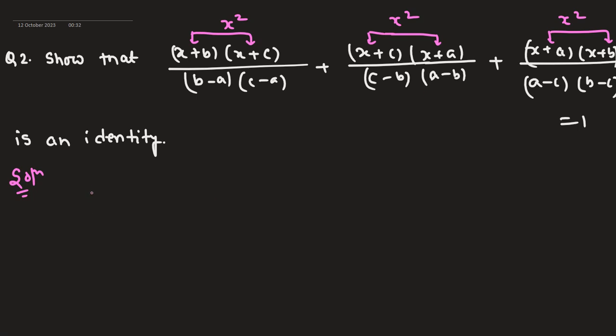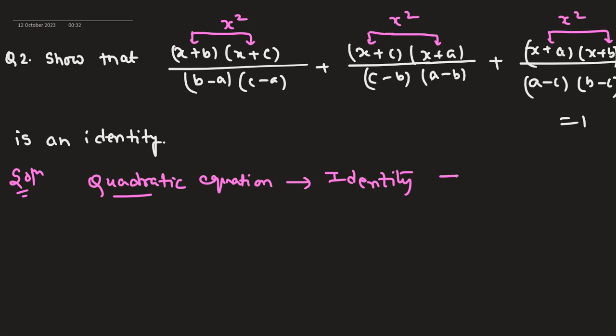That means it is nothing but a quadratic equation, and you know that if it is true for all values of x, then this quadratic equation must have more than 2 solutions, and then it will become an identity. So this quadratic equation will be an identity if it has more than 2 roots.